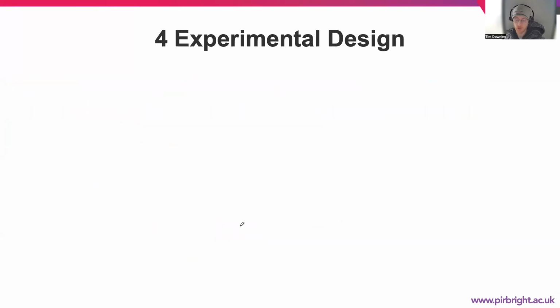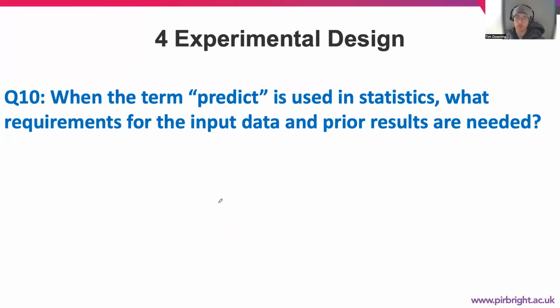Then question 10, when we're looking at predict, what we're looking at here is predictions refer to individuals. And that means we have to describe our data. We have to explore it in another cohort.